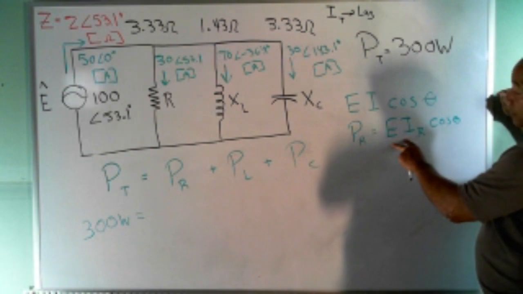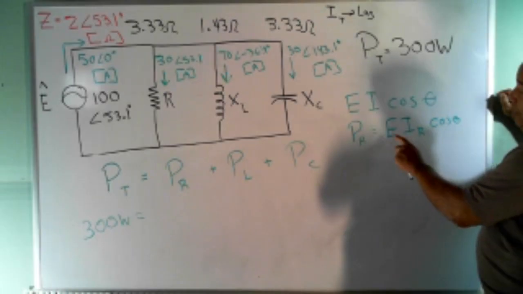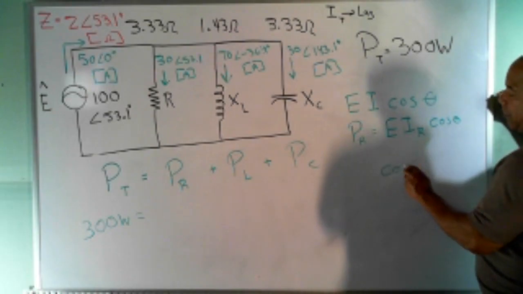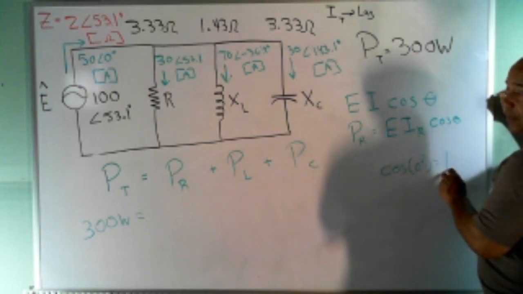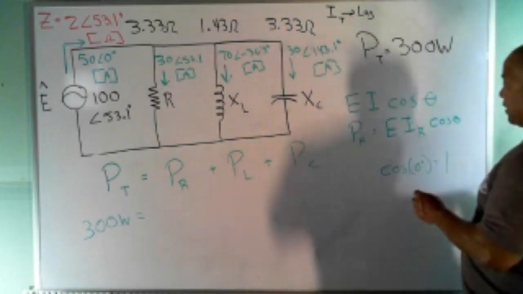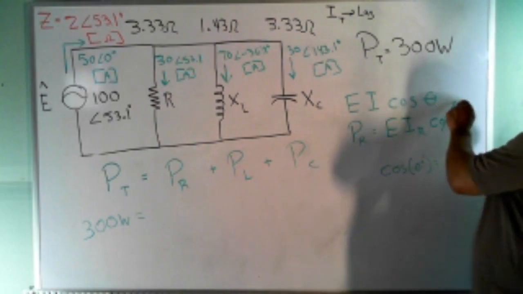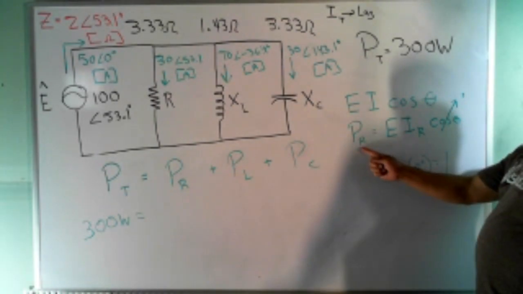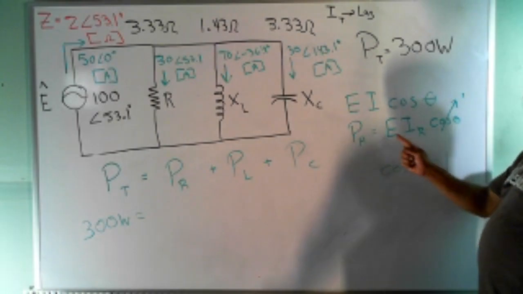Now remember, when I have a resistor, they're in phase. And we said last time that the cosine of 0 degrees is equal to 1. So basically, this goes out as 1. So my power dissipated by my resistor is just equal to the voltage times the current through the resistor.